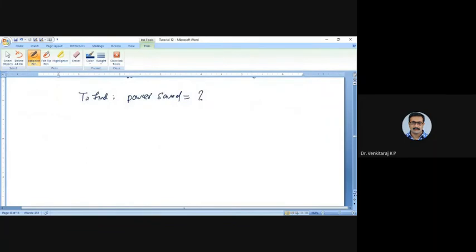So this is what you have to calculate. We have an air vessel fitted on the delivery side. By fitting the air vessel on the delivery side, we have the velocity inside the delivery pipe equal to the mean velocity of flow. So now let us solve the problem.